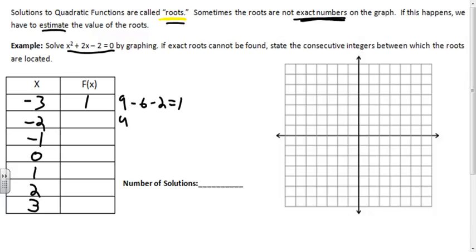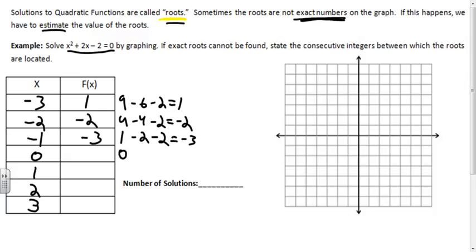Negative 2 squared is 4, plus 2 times negative 2 is negative 4. Subtract a 2, becomes negative 2. Negative 1 squared is 1, plus 2 times negative 1 is negative 2. Subtract a 2 there, becomes negative 3.